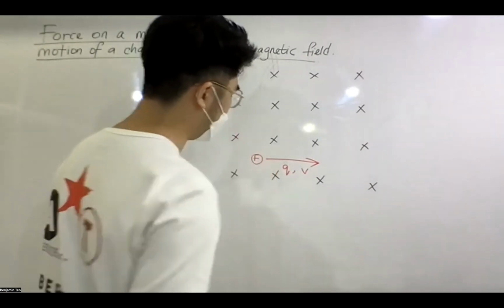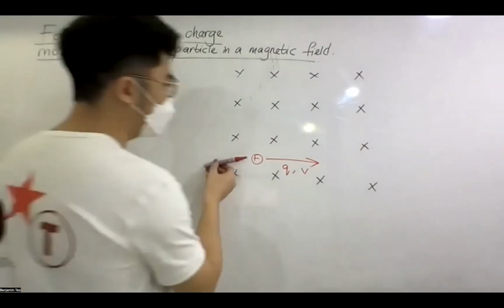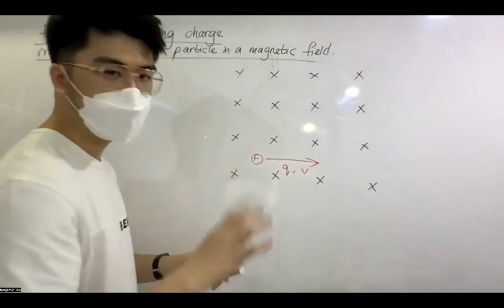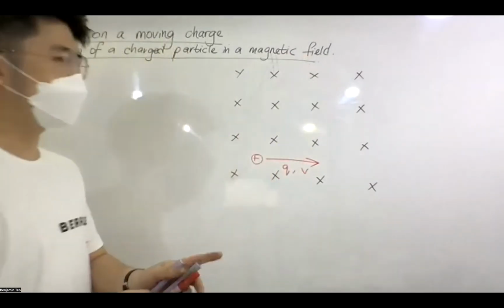Because positive charge is the flow of current. Now, when it flows here, you have a moving charge. A moving charge will experience a magnetic force.